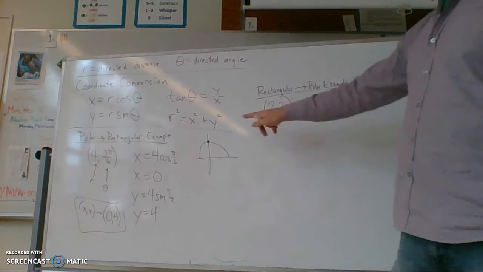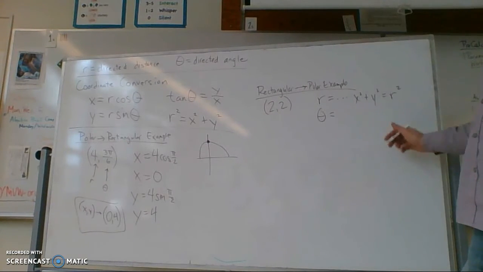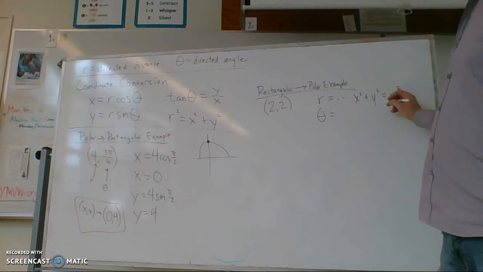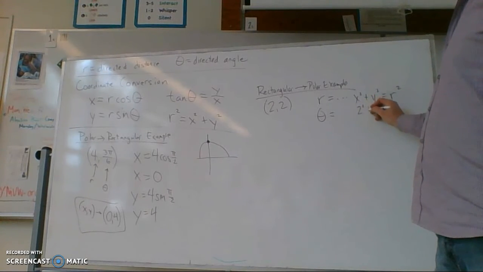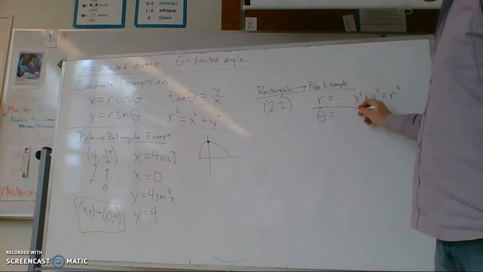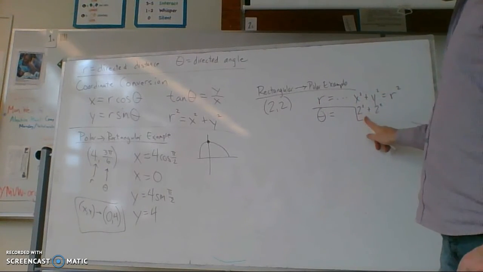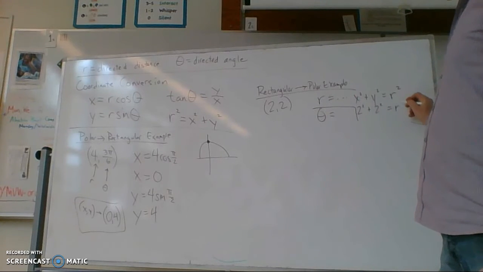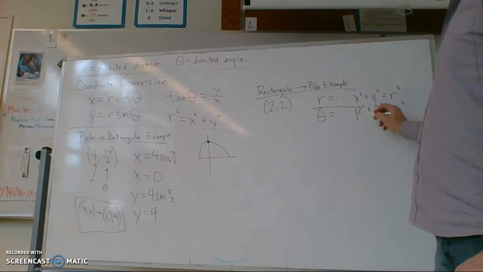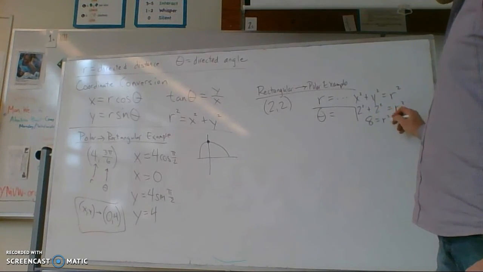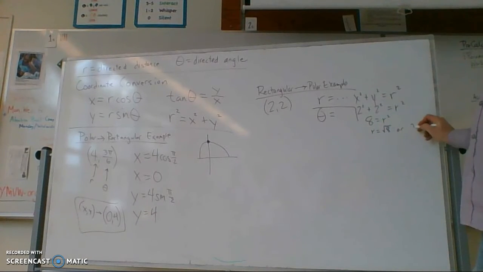So that's one of the formulas that we use for conversion. So r squared equals 2 squared plus 2 squared. So this is 4 plus 4 is 8 equals r squared. So r equals square root of 8 or 2 root 2.